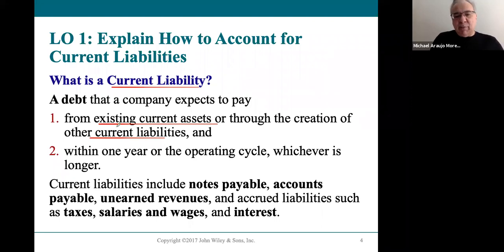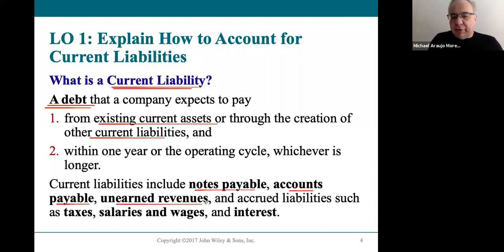So it's important that companies understand that they have to track their liabilities well. There are many more current liabilities than you're aware of. You've already been introduced to a lot of them, but there's actually a lot more. For example, notes payable and accounts payable. Those are very common.